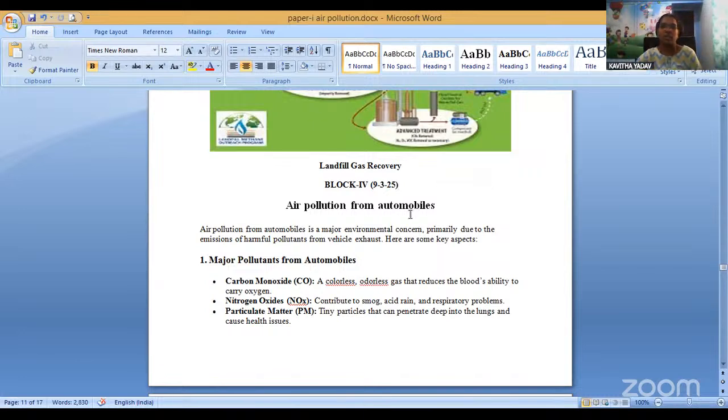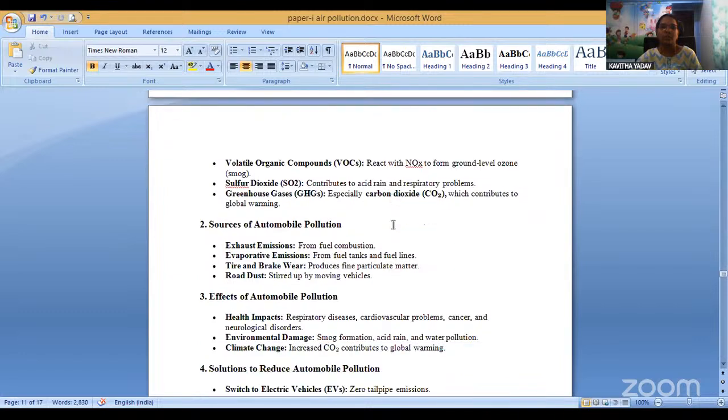Then, volatile organic compounds can react with nitrogen compounds to form ground level ozone, which forms smog. Sulfur dioxide contributes to acid rain and respiratory problems. Greenhouse gases, especially carbon dioxide, contribute to global warming.